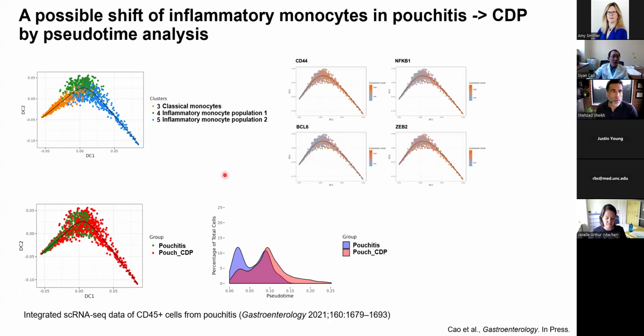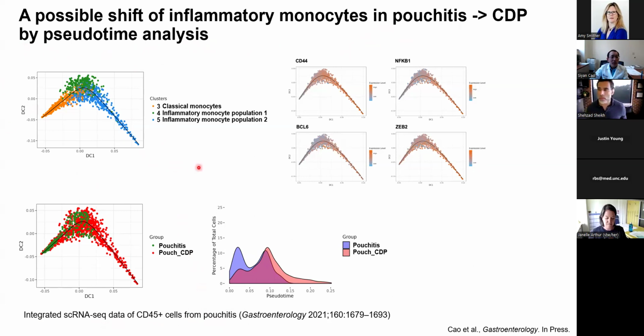Besides the comparison between CDP and normal tissues, we were also curious about the difference in pathophysiology between CDP and pouchitis. So in this study, we performed a pseudo-time analysis by putting together our data and the single-cell data from prior studies of pouchitis.